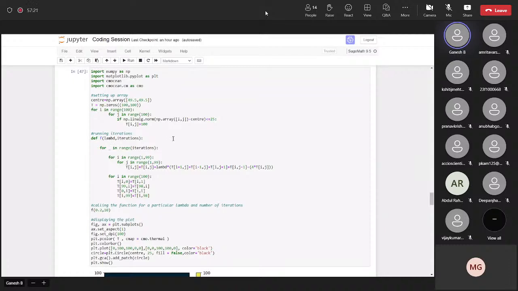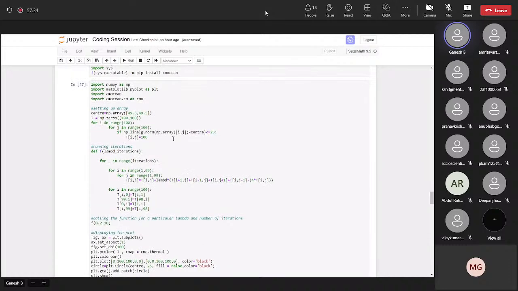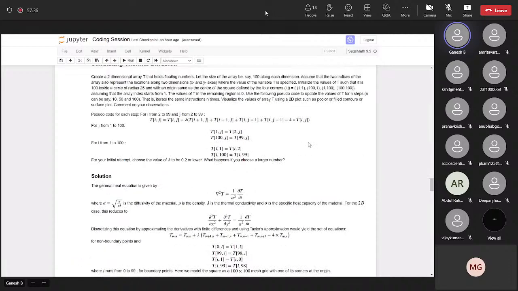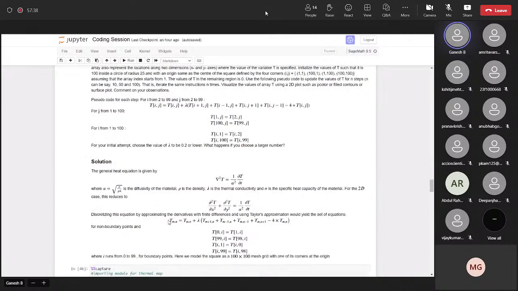The more iterations, the more time has evolved, so it's just a placeholder for time. When you're dealing with discrete values, again, this is how your new temperature value is defined.